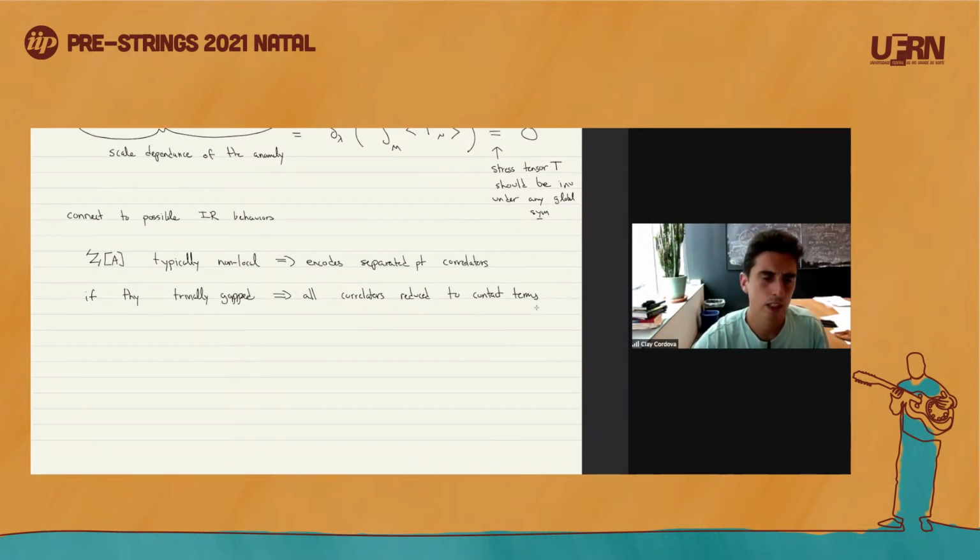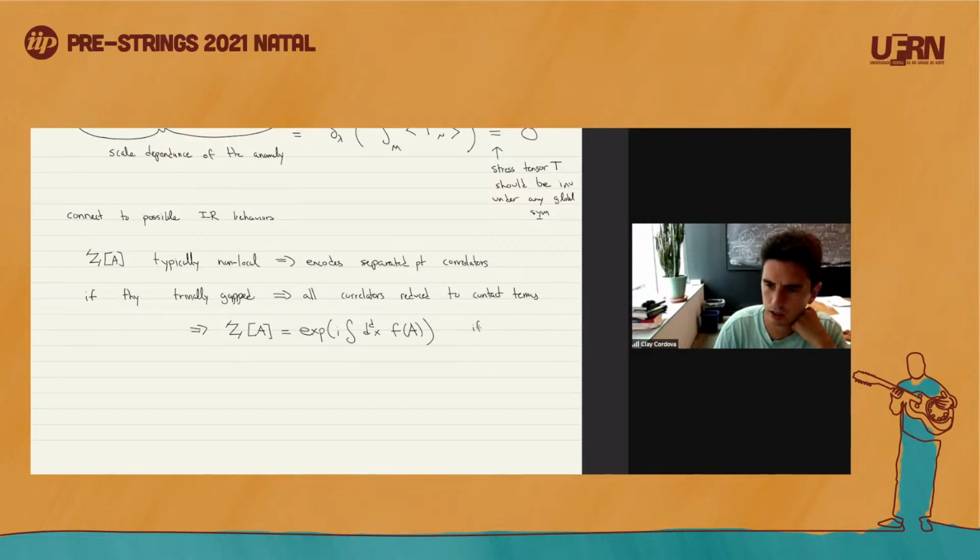Well, what does that mean in the language that we've been using here? It means that for a trivially gapped theory, Z of A for any background is the infrared effective action. It's just a local function of sources.